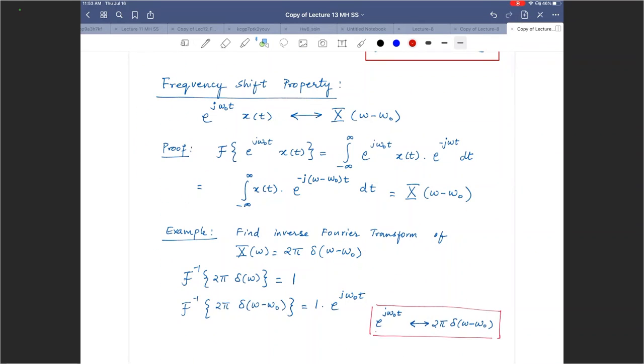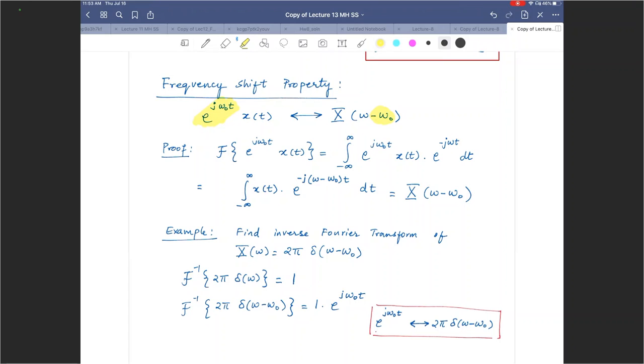Next property is frequency shift property. If you can have a time shift, you can also have a frequency shift. So what happens when you have a frequency shift? Well, if you have a frequency shift, you essentially multiply by e to the j omega naught t in the time domain.